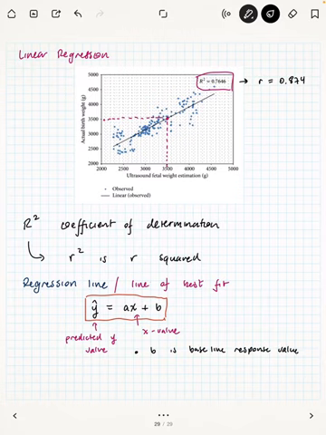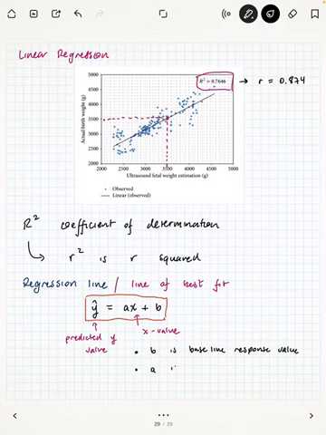So what happens when x equals 0? In other words, what if the ultrasound fetal weight is 0, which doesn't make sense in this context, but if it's 0, then what would B be? That's what we're talking about here.